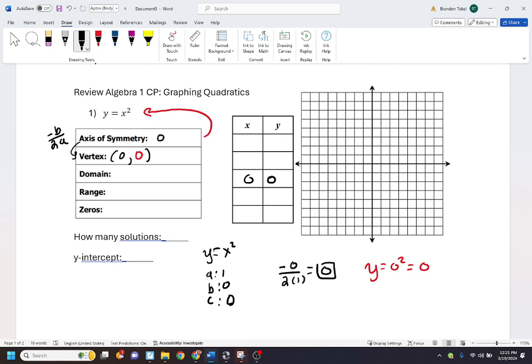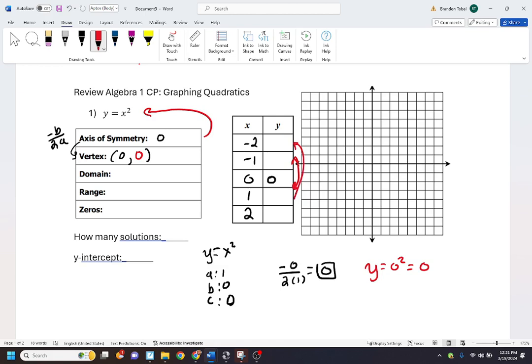Now, for your x's, the easiest way to do it is to go 2 smaller, 2 bigger. So I'm going to go negative 1, negative 2, and 1, 2. Now, to get the answers, luckily, if you do it correctly, these two are going to be the same, and these two are going to be the same.